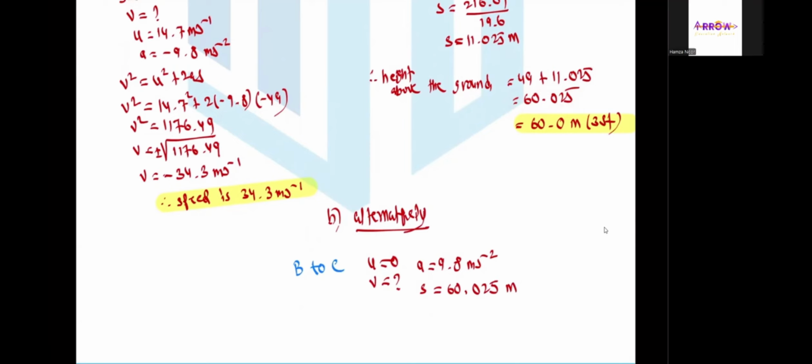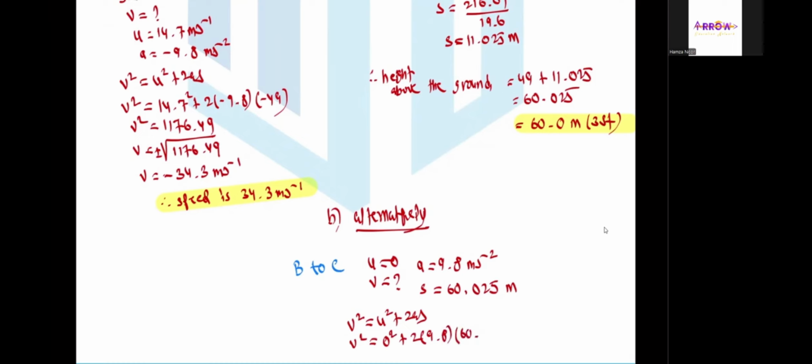You are going to use v square is equal to u square plus 2as, and when you solve the equation you will obtain a positive value of v, because we are only considering the journey where the ball is coming downwards. So v square is equal to, in place of u you are going to write 0, and then plus 2 times acceleration times displacement.